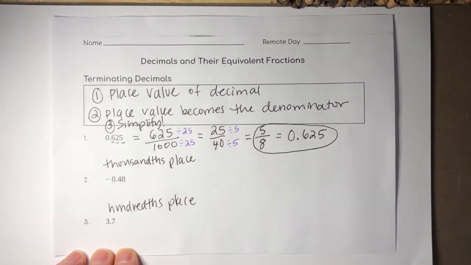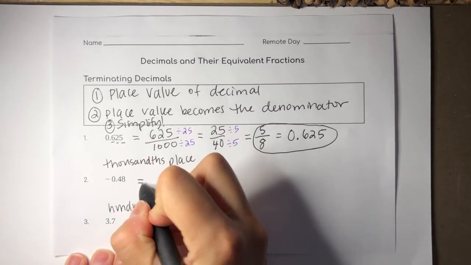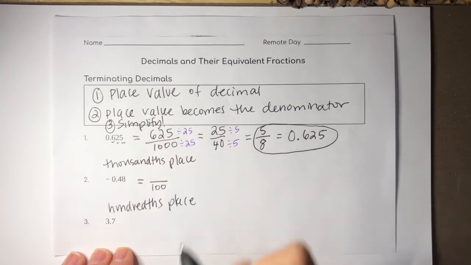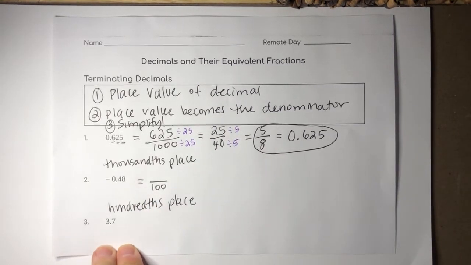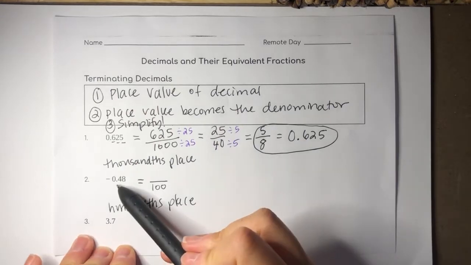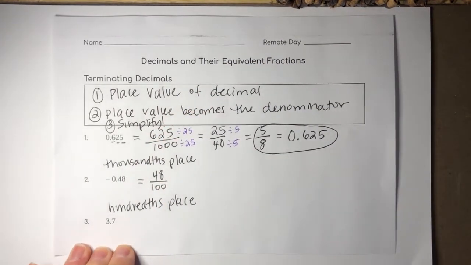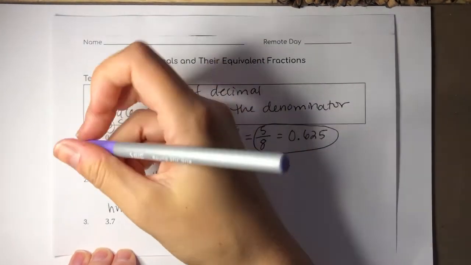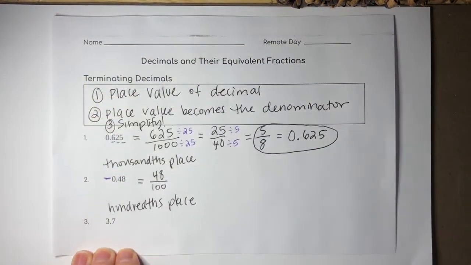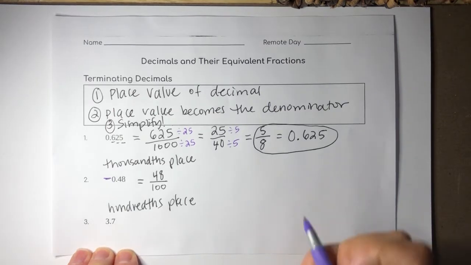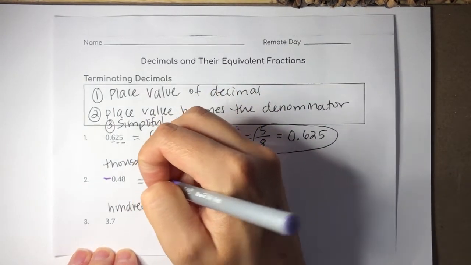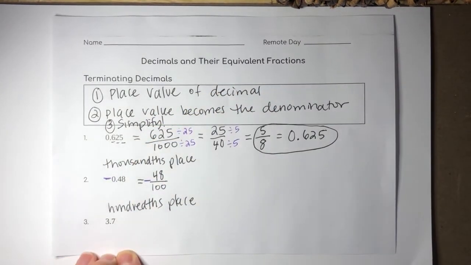So that means when I go to write this as a fraction, I'm going to have so many hundredths, because I was in the hundredths place, and I have 48 hundredths. One thing I noticed is I started with negative 0.48, so negative 48 hundredths. So when it's turned into its fraction form, it still has to be equivalent, so we need to make sure we write our negative.